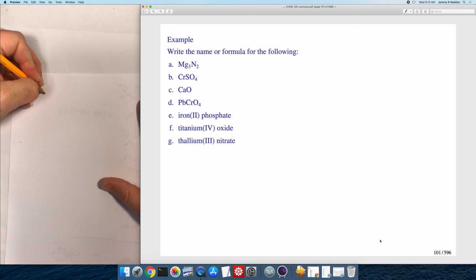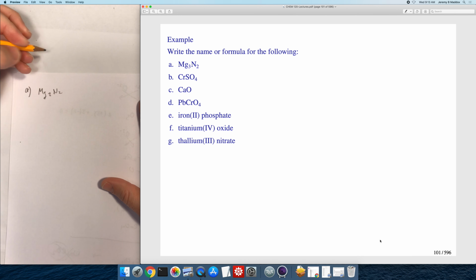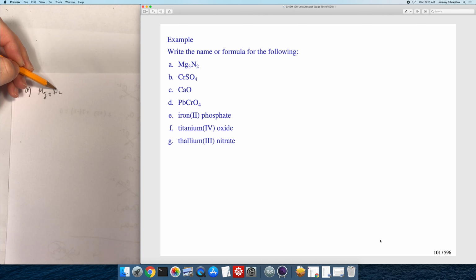We see that we've got magnesium and nitrogen present in the compound. Magnesium is a metal, nitrogen is a nonmetal, and so we want to recognize this as an ionic compound. Recall from the previous lecture that ionic compounds involve metals bonded with nonmetals, and so we would use our ionic compound naming rules to figure out what the name is for this compound.